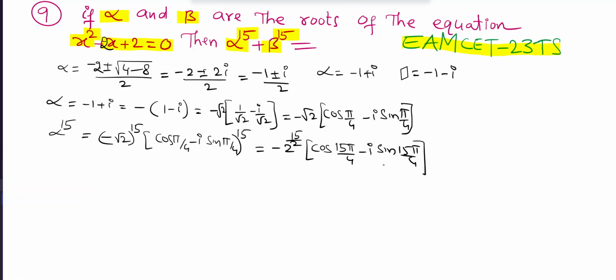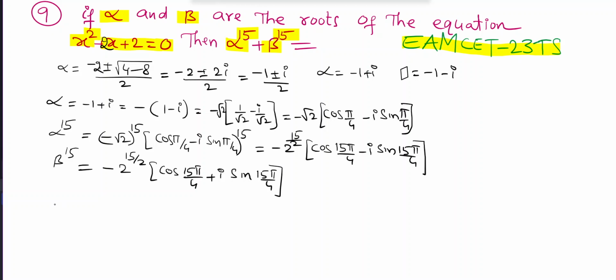This is the value of alpha power 15. Now find beta power 15. Similarly, beta power 15 is equal to minus 2 power 15 by 2 into cos 15 pi by 4 plus i sin 15 pi by 4.